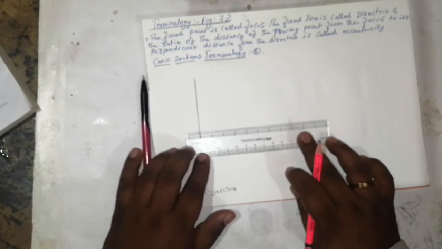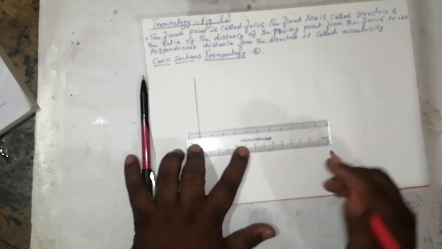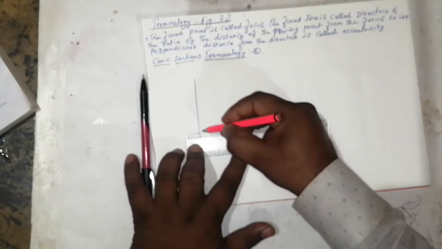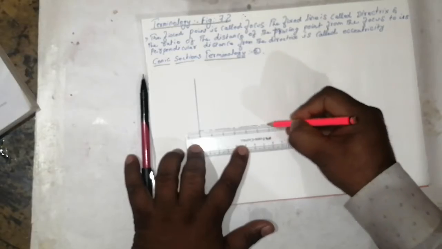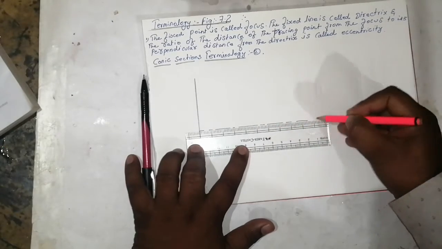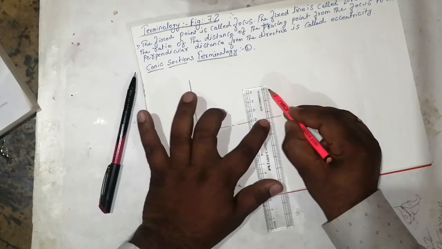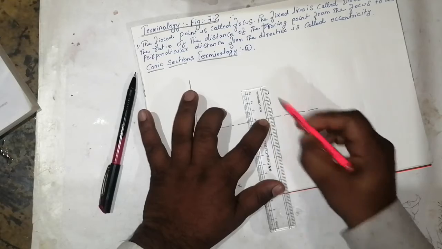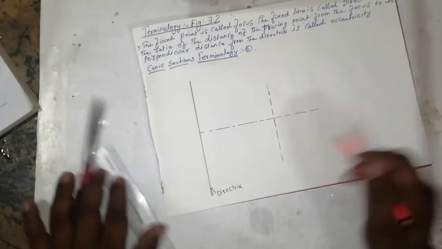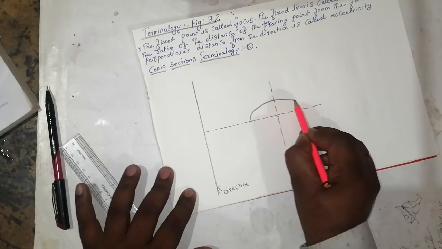Then in the middle I'll take one horizontal line, the axis, the horizontal axis line. Again one more axis which comes like this. So this is called an ellipse.